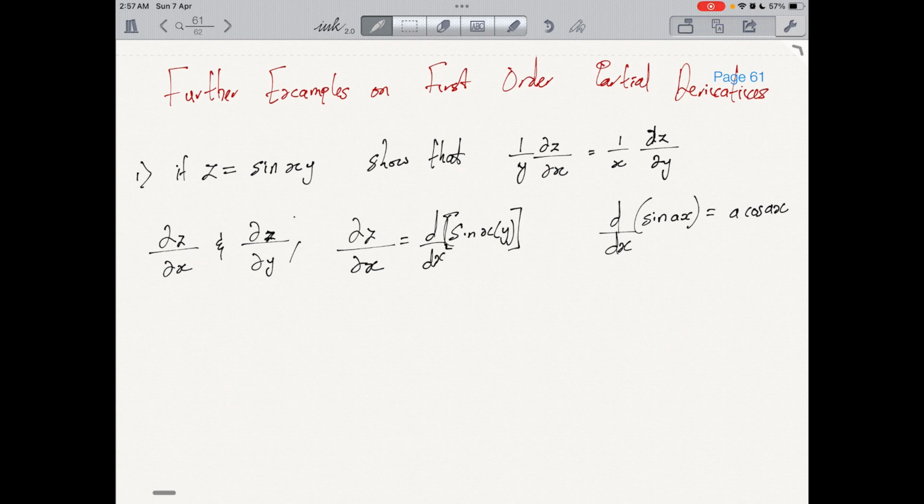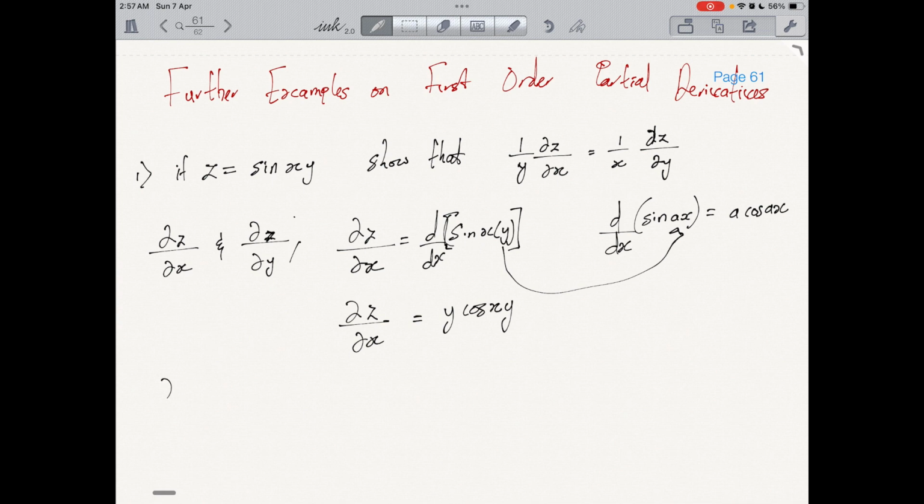And now our a in this case is similar to y because a is kept constant, right? So our answer of partial derivative with respect to x will be equal to y cos xy.